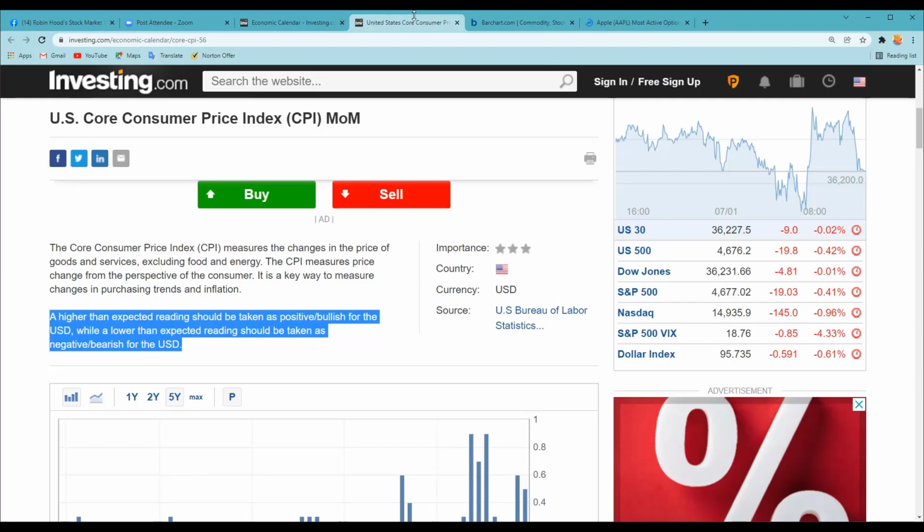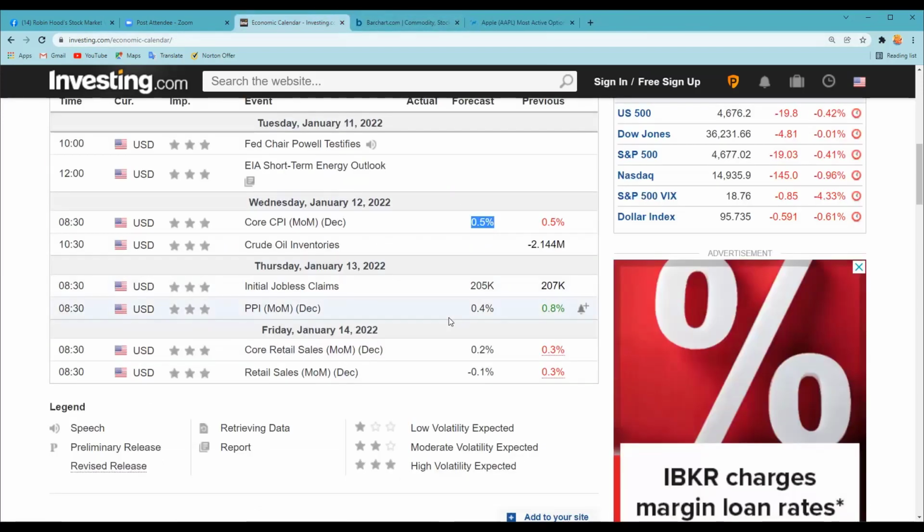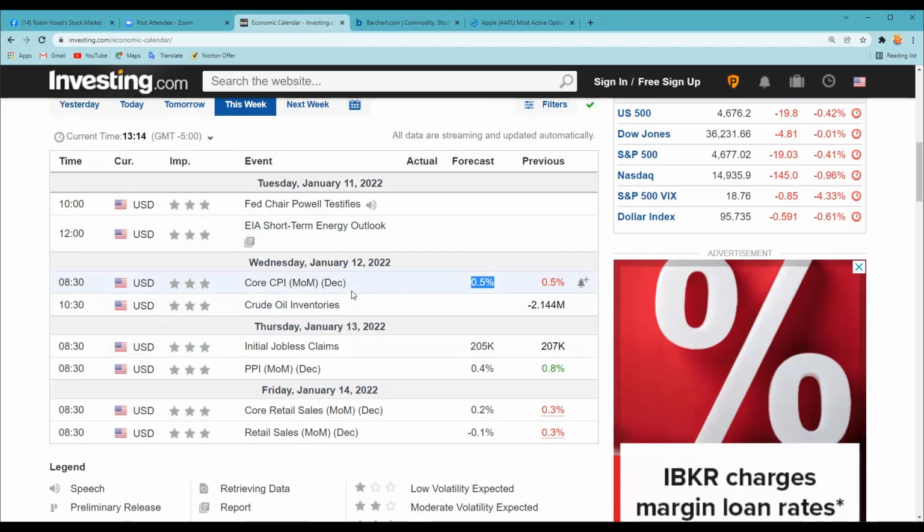There are weekly reports, monthly reports, quarterly reports, and yearly reports. The more rare the report is, the more of an impact it'll have on the stock market. If it's a yearly report, which those are coming up soon, it will have a huge impact on the stock market. If it's a quarterly report, which those are coming as well, those will have a big impact.